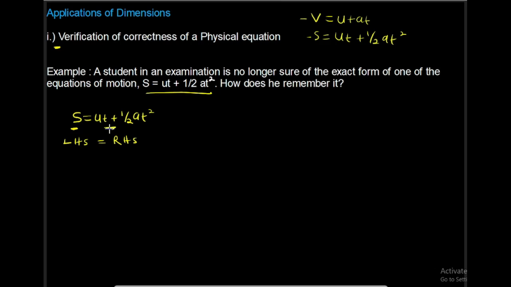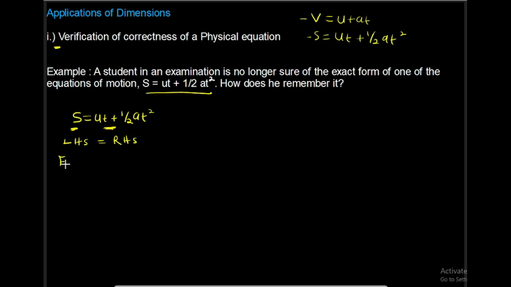I'll take it again. For a physical equation to be correct, the dimension on the left hand side must be the same as the dimension on the right hand side. If the dimensions of the left hand side and the right hand side are not the same, then the equation is not correct. So let's find out if this equation s equals ut plus half at squared is correct.